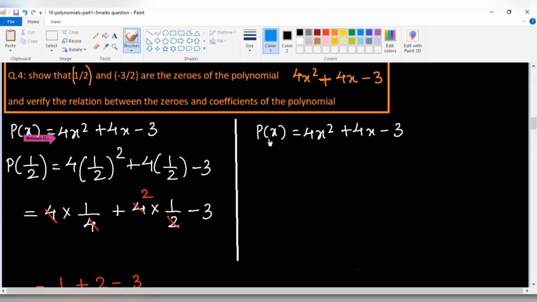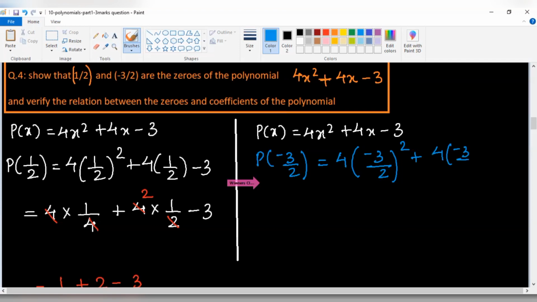In the same way, we have to prove that minus 3 by 2 is also a zero of this polynomial. So we have to find the value of p of minus 3 by 2. For that, in place of x, we have to substitute minus 3 by 2. So it will become 4 into minus 3 by 2 the whole square plus 4 into minus 3 by 2 minus 3.